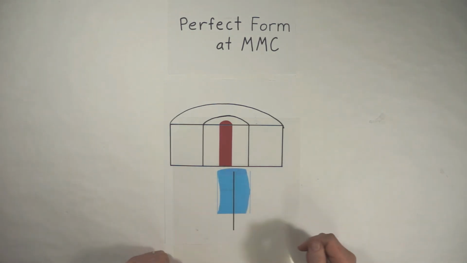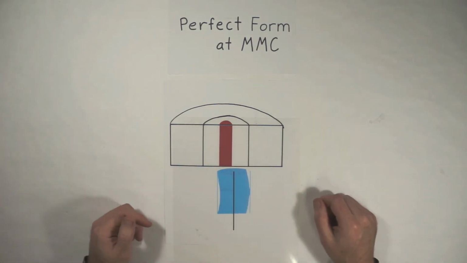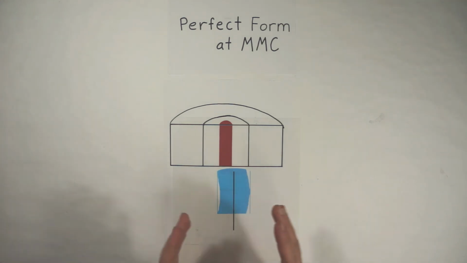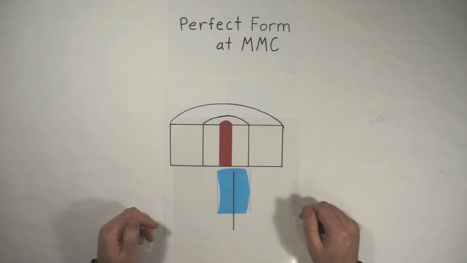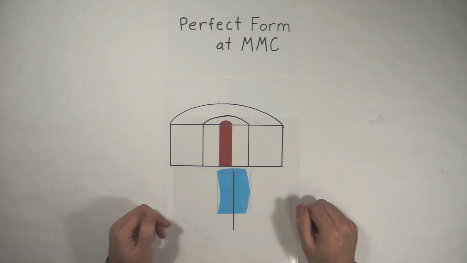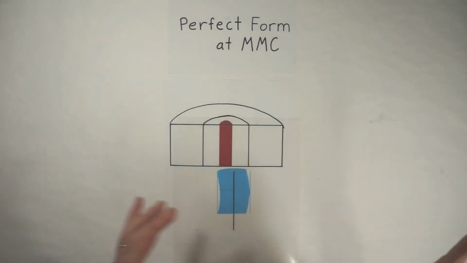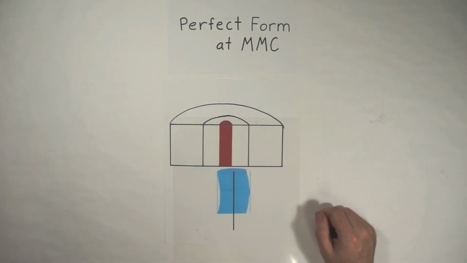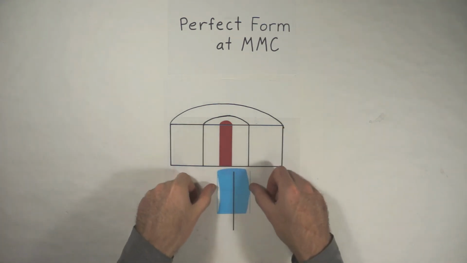So I could have a pin that says, hey, it's a 1/2 inch pin, or it's a 13 millimeter diameter pin, and its maximum size is whatever. Well, at that maximum size, even if there isn't a straightness callout on it or whatever, at that maximum size, it cannot violate that boundary.